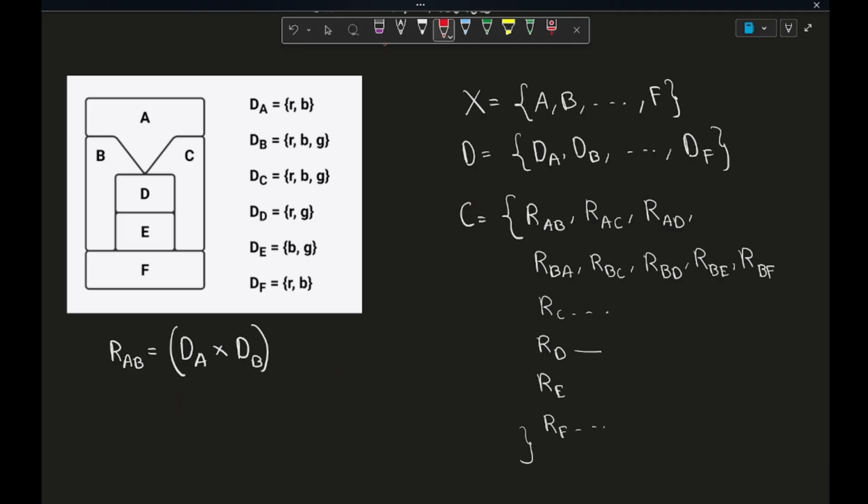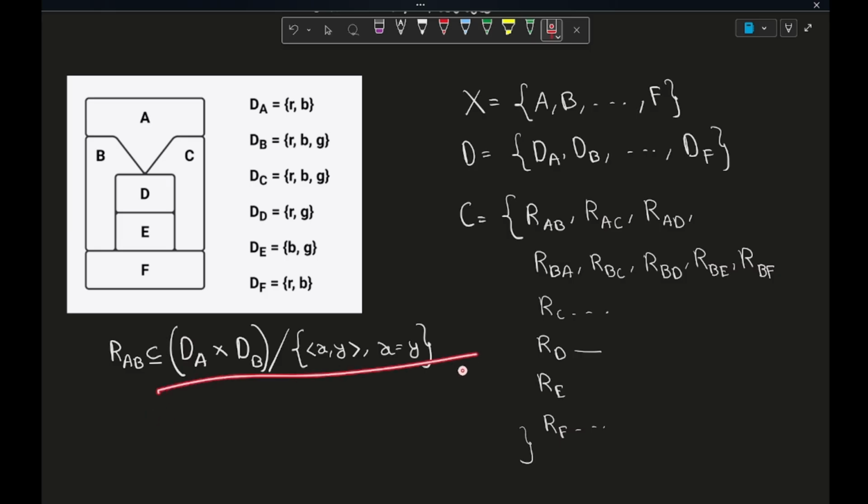We are taking a subset. That's a lot better. We are taking a Cartesian product, but also we are removing any such pairs where x equal to y. Correct? Yes, where x equal to y. Fine. So this is just the set difference notation, right?